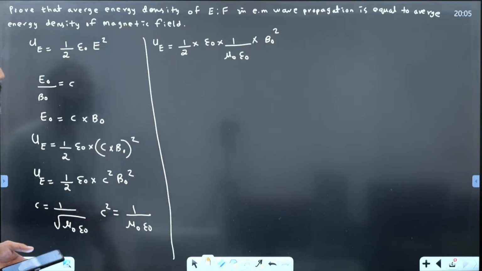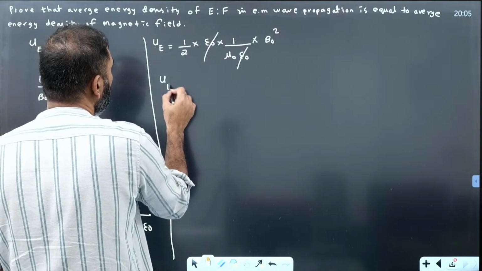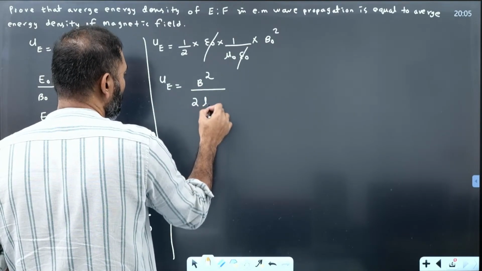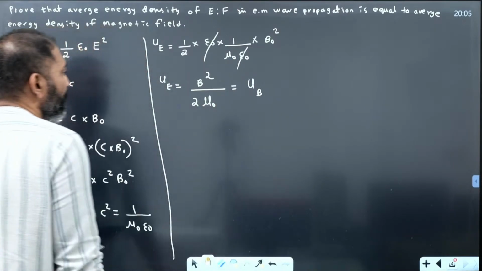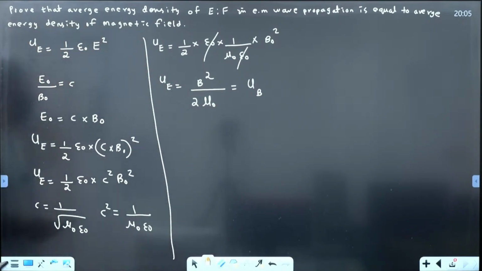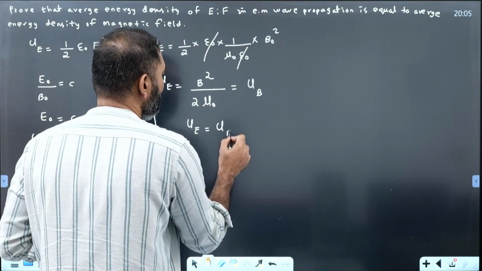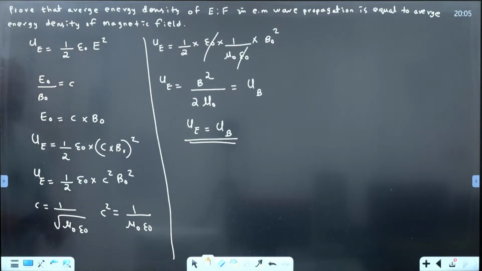Both are same only. So epsilon 0 gets cancelled. So U_E is equal to what? B square by 2 mu 0, which is U_B, because we already know that energy density of magnetic field is B square by 2 mu 0. So through this derivation, we have proved that energy density of electric field is equal to energy density of magnetic field. Both are equal. Any doubt?